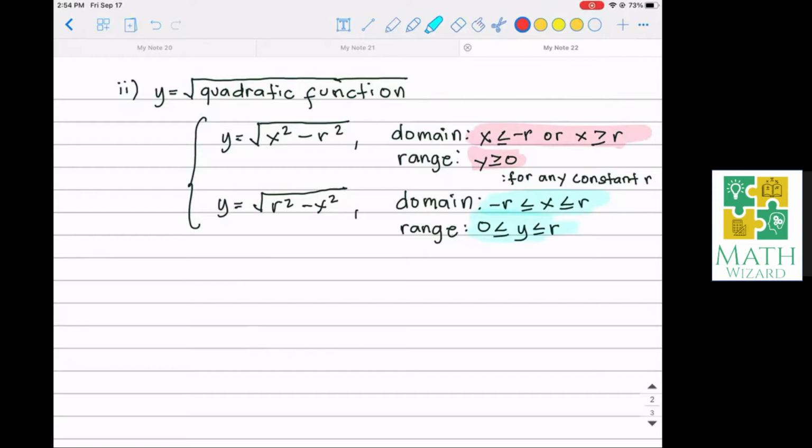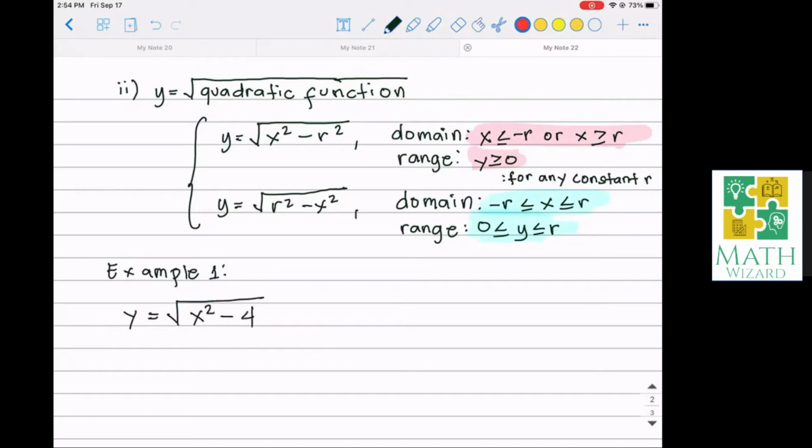So let's have our example. Example number 1. For example number 1, the given would be y is equal to the square root of x squared minus 4.